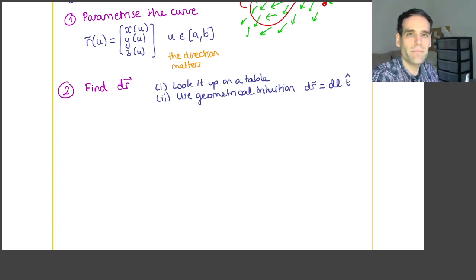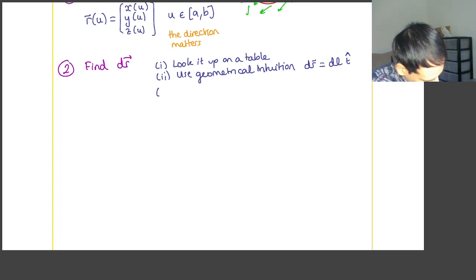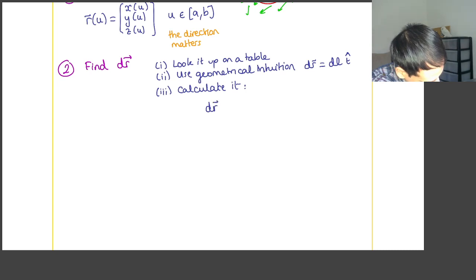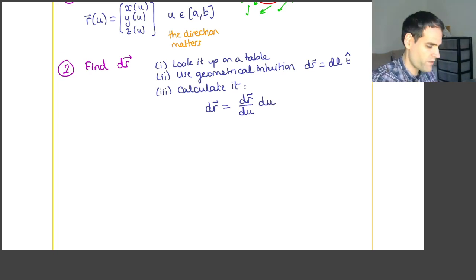Okay, sometimes that can be done directly by geometrical intuition. Or 3, you can calculate it. And the calculation was very easy because you know that dr is simply the derivative of r with respect to u times du. Okay, and this is a vector.